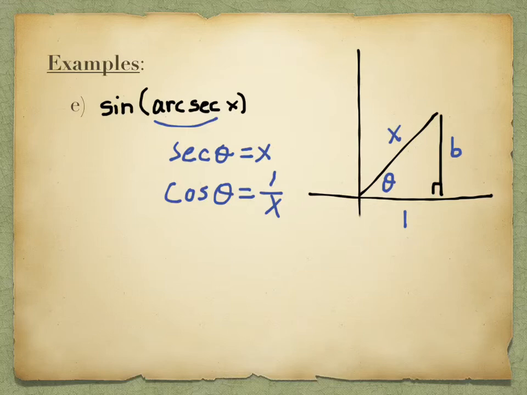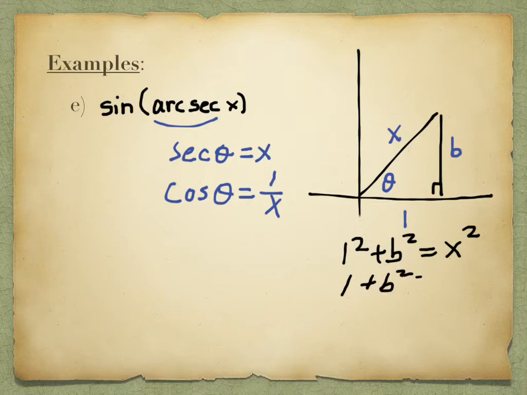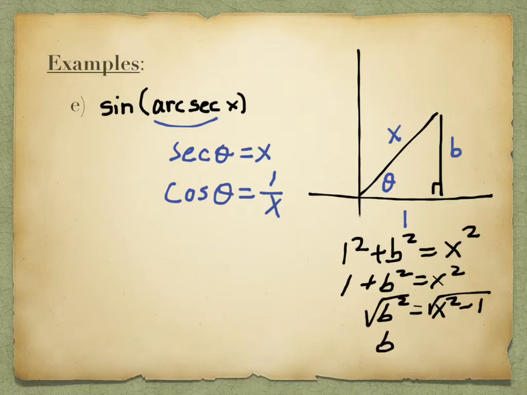So we're going to have 1 squared plus b squared equals x squared. And our goal is to solve this for b. I mean, I want to know what is b in terms of x. So, well, this is 1 plus b squared equals x squared. So b squared is equal to x squared minus 1. And then I square root. So b equals the square root of x squared minus 1.